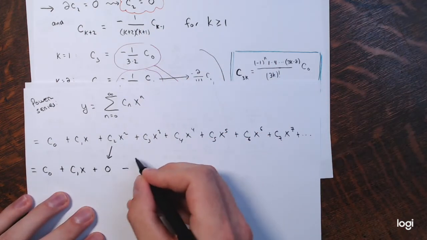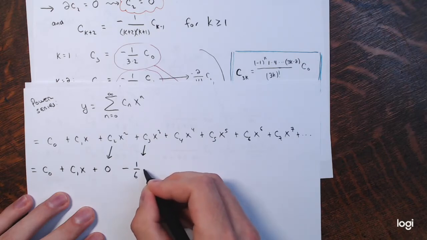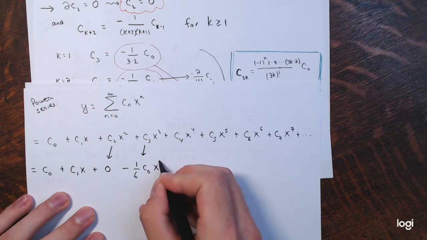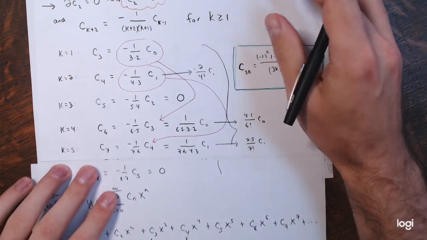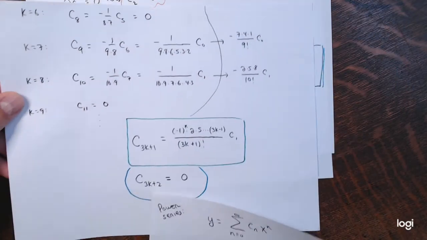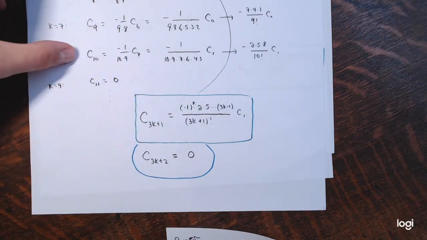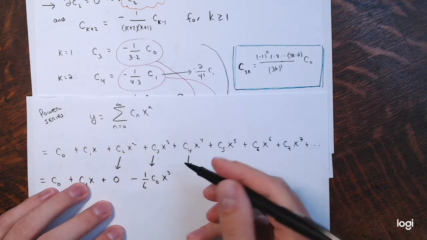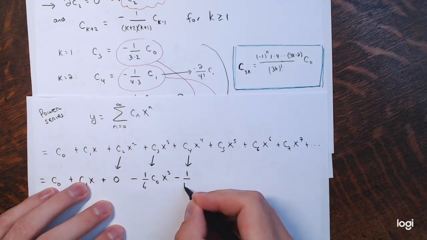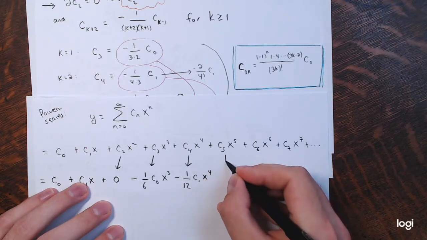So c3 is minus 1/6 times c0, and then times x cubed. C4, same thing. I wrote out this weird pattern here, but if you don't see it, you don't have to write it out. C4 would be negative 1/12 times C1, and then times x to the fourth, and then C5 was 0.